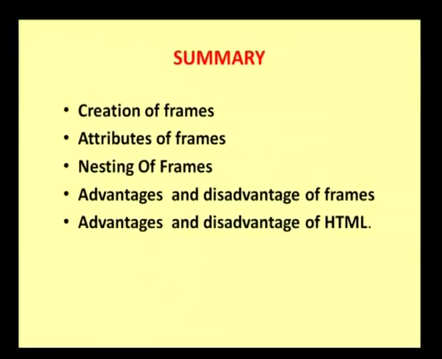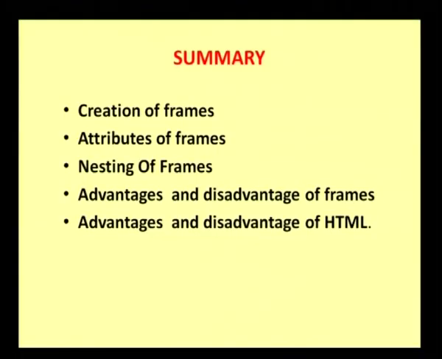So, these are all the attributes required to create the frames, and we have also seen nesting of frames, that is, how to nest or embed one frame within another frame. And we have seen that iframes are a type of frame with a different appearance from normal frames, and the advantages and disadvantages of frames.